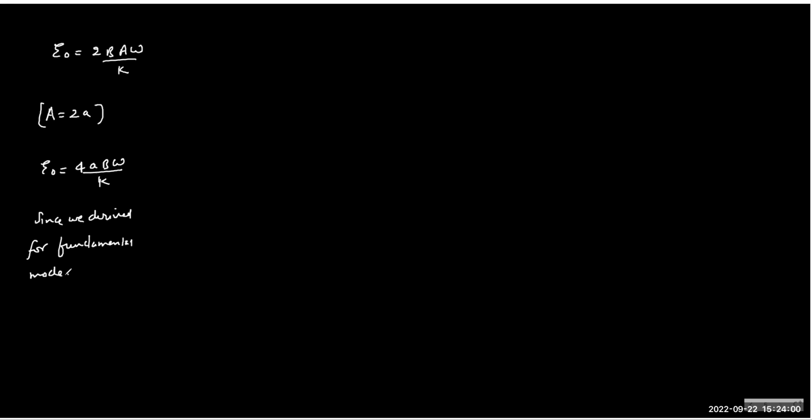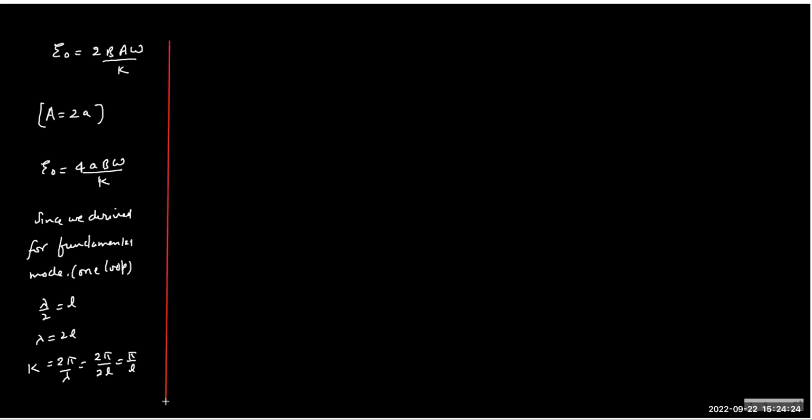What I mean to say by fundamental mode is the single loop, one loop scenario. So we can write lambda by 2 equals L. So lambda we can write as 2L. And because k is 2 pi by lambda, it is pi by L.